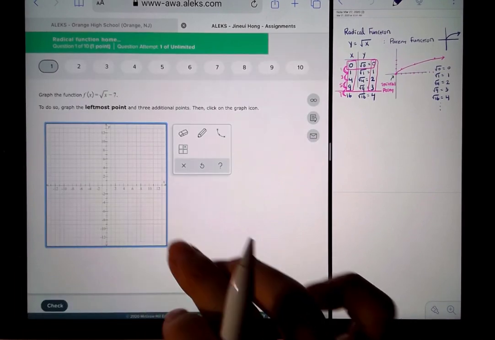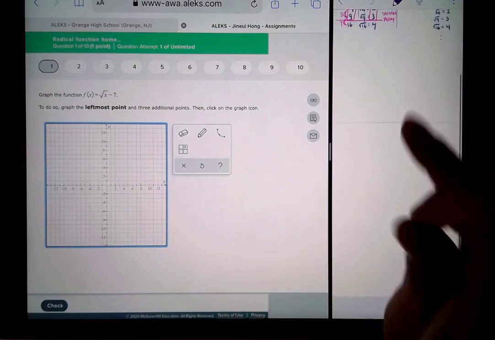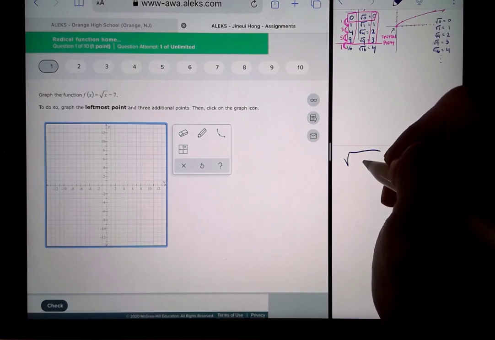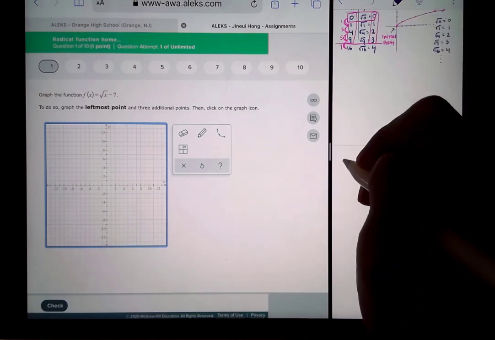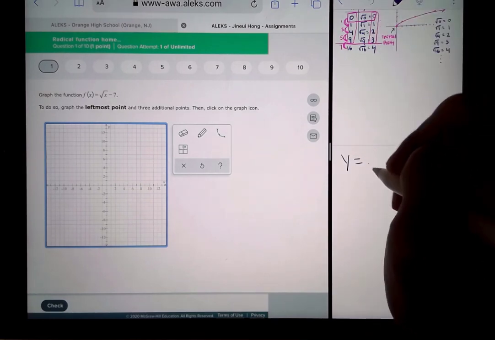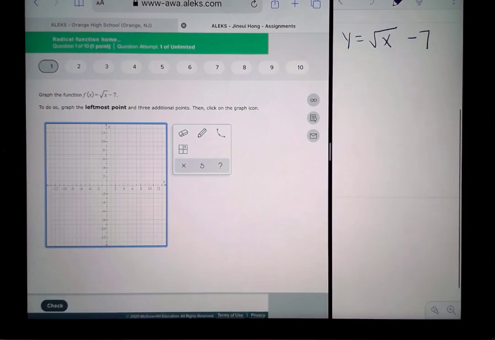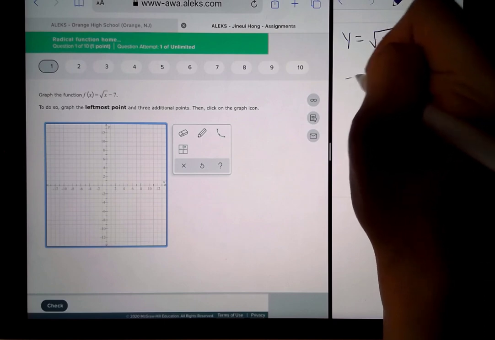So first, look at this. My question is y equals square root of x minus 7, right? From here, we need to think about our initial point. That's always the first thing we need to do.